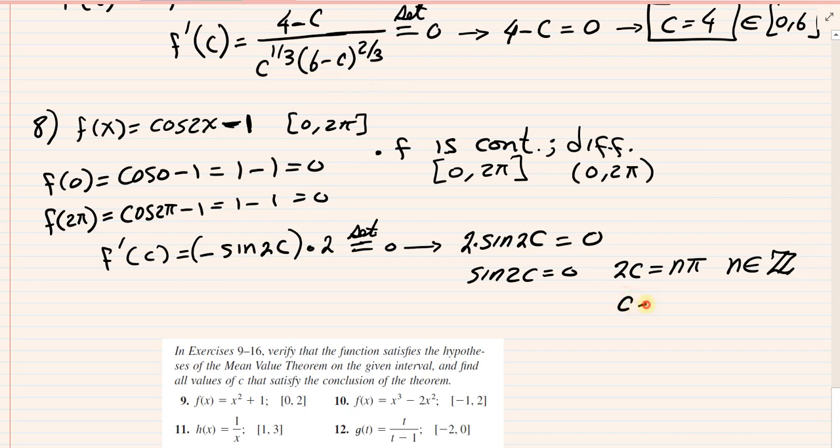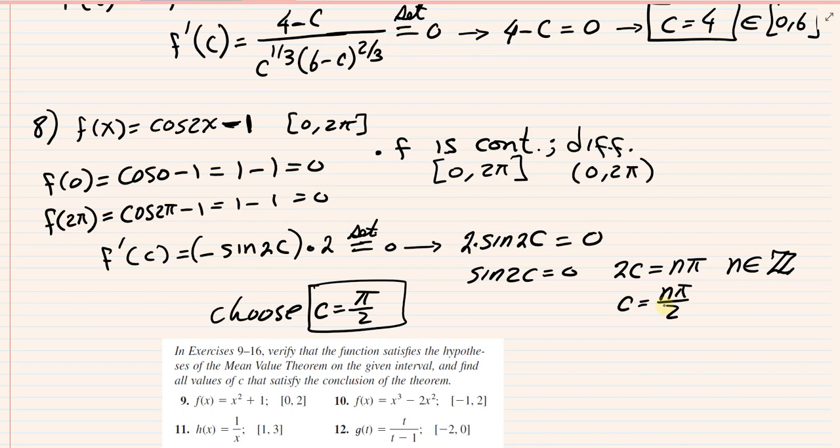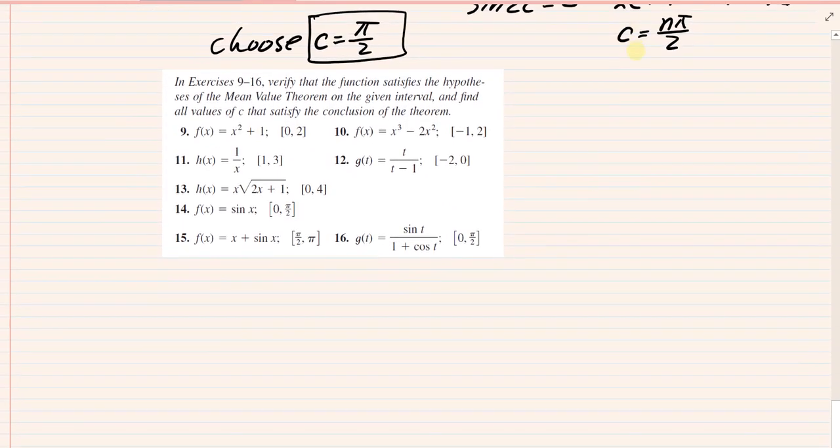Therefore, c would be n pi over 2, and in 0 to 2 pi, we're going to choose c to be just pi over 2. There are other values, multiples of pi over 2, where we can find c, but the question asks from 0 to 2 pi. And there you have it.